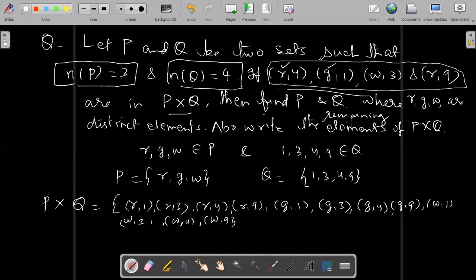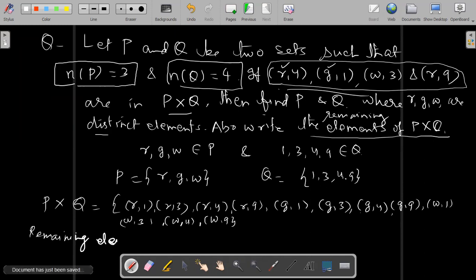But they have asked to write the remaining elements of P cross Q. So you can delete the given ones: R4, G1, W3, R9.